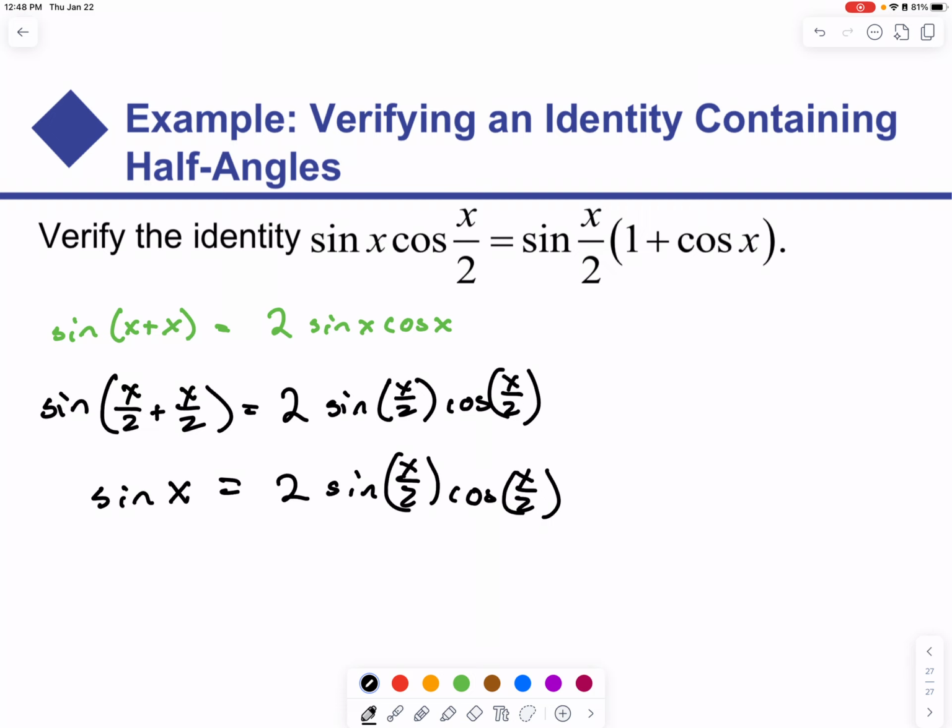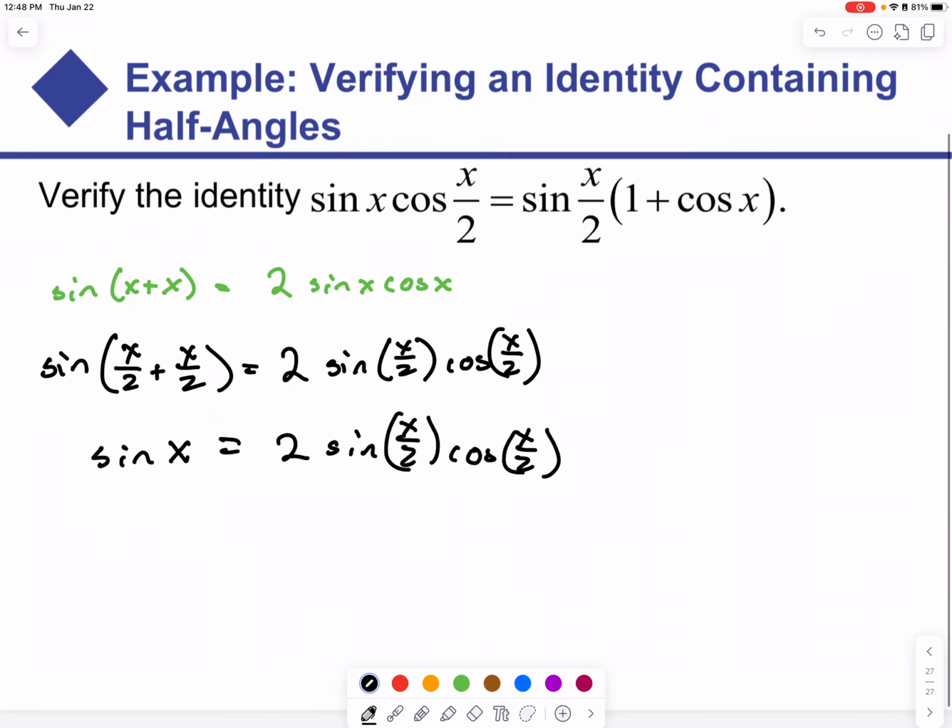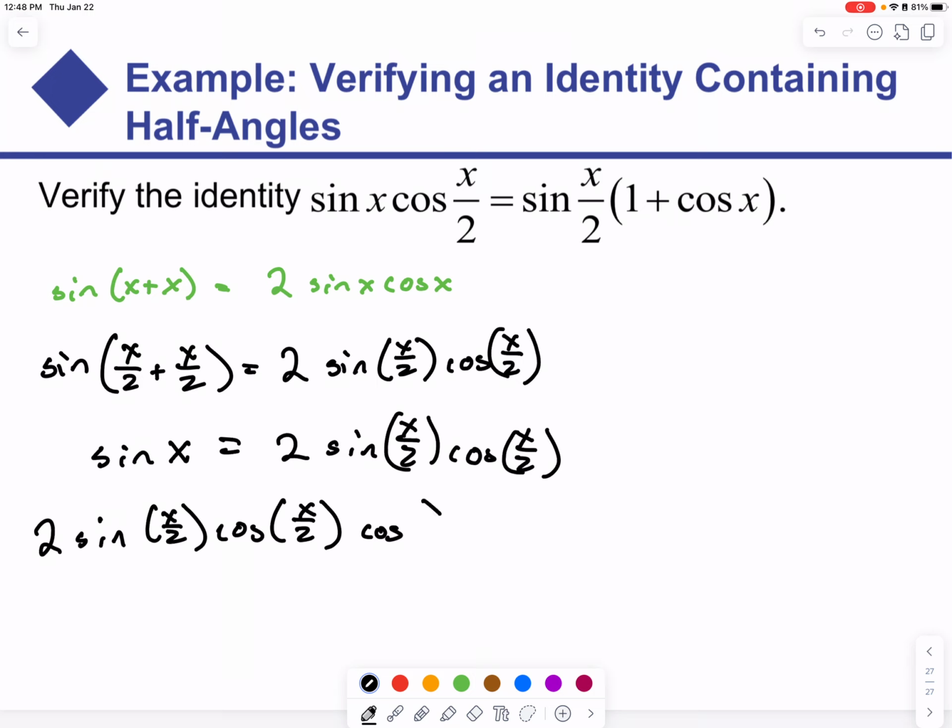Sine of x, okay. So what if we plug this in there? That's cosine squared. Okay. So now based on this property, let's take this and plug it into that left-hand side, all right? So if sine of x equals this, then the following should be the case. We have 2 times the sine of x over 2 cosine of x over 2 times another cosine of x over 2.